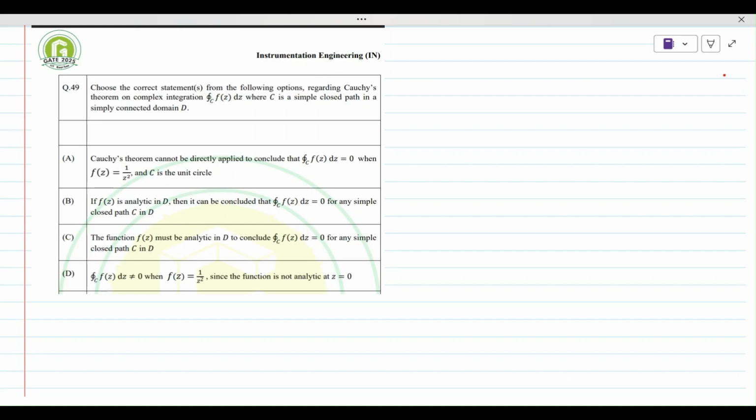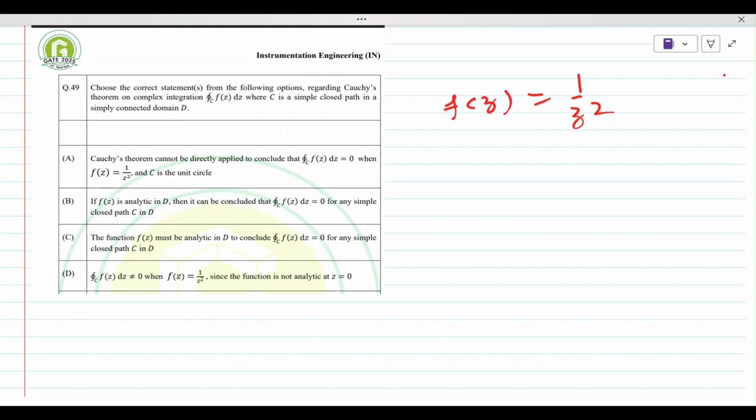So the first option, A, is Cauchy's theorem cannot be directly applied to conclude that the integral of f of z dz equals 0 when f of z is equal to 1 by z square and C is a unit circle. Now the given function is 1 by z square. It is not analytic at z equals 0.